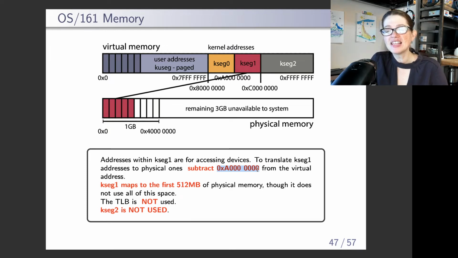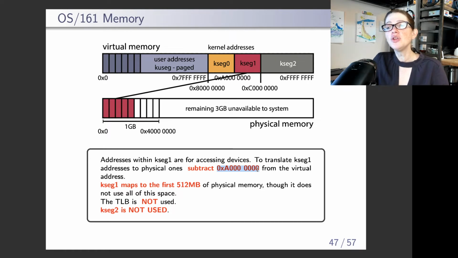Does that mean that kseg1 is going to trample all over kseg0? No. kseg0 is the actual kernel memory. That's where we would put it. But remember, we're probably not using all of it. And kseg1, I said, was going to be used for addressing devices. Now this is a part of the architectural specifications, which means that operating systems are very much aware of this.